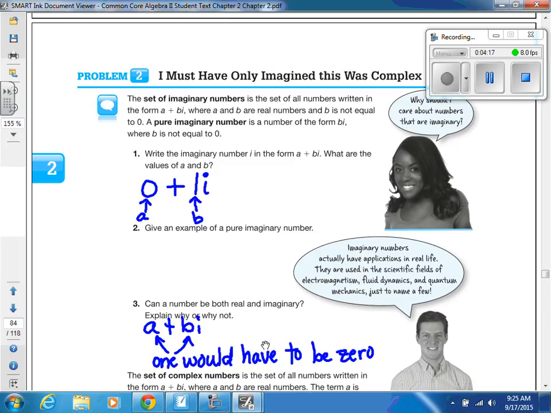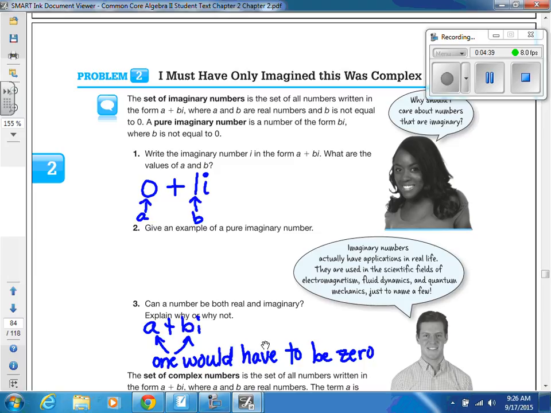They are used in electromagnetism, fluid dynamics, quantum mechanics. In fluid dynamics, when you're talking about water flow through a certain pipe or something like that, that has applications with imaginary numbers.